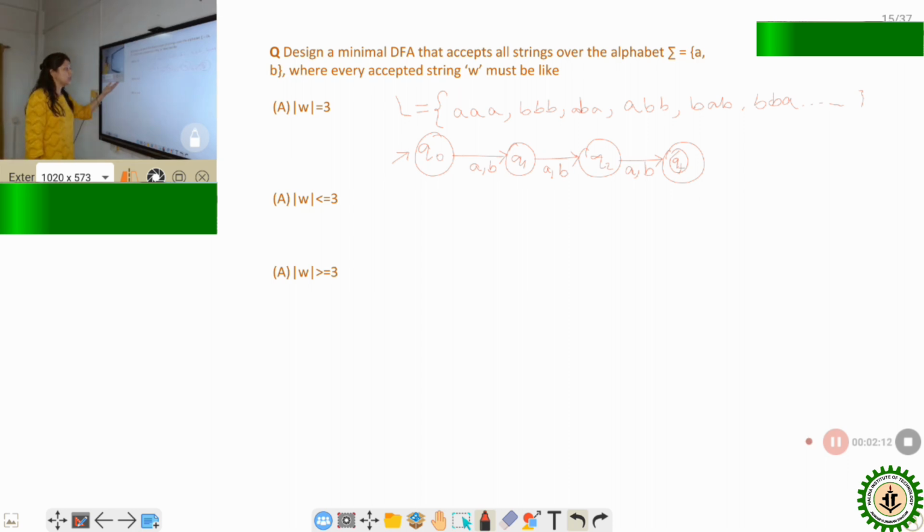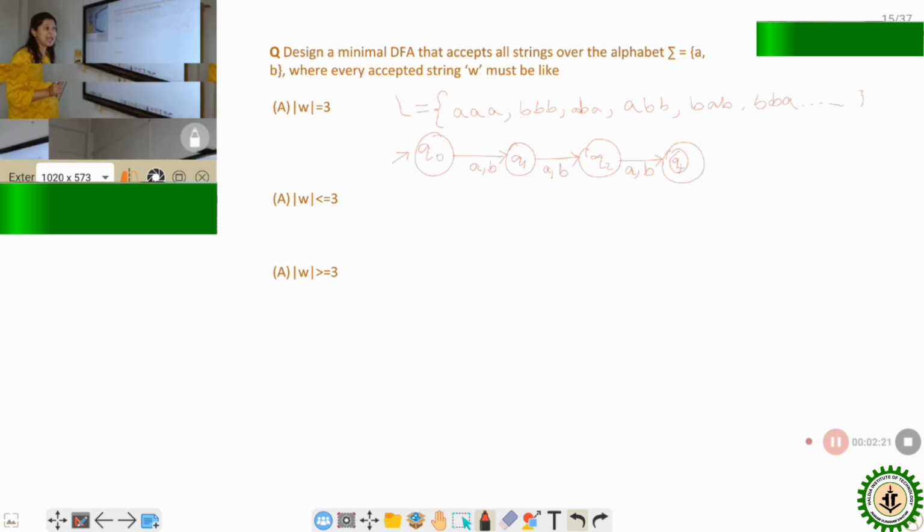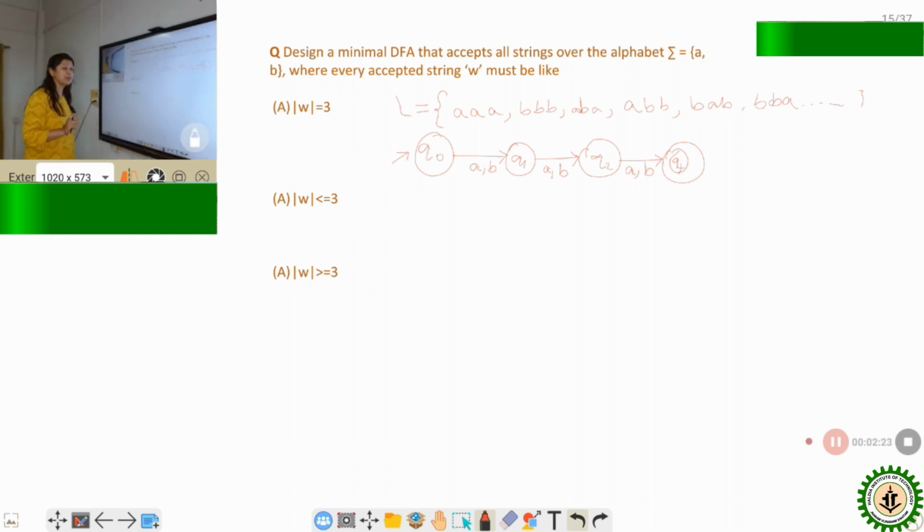Now, mod of W less than or equal to 3. Mod of W less than or equal to 3 means the length of the string will be at most 3.